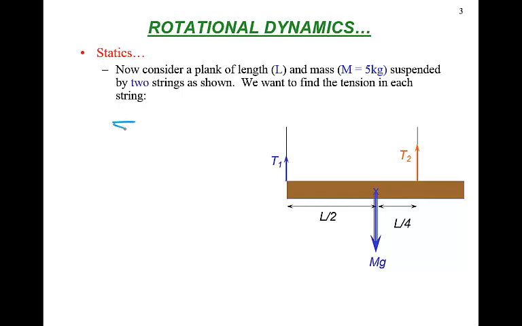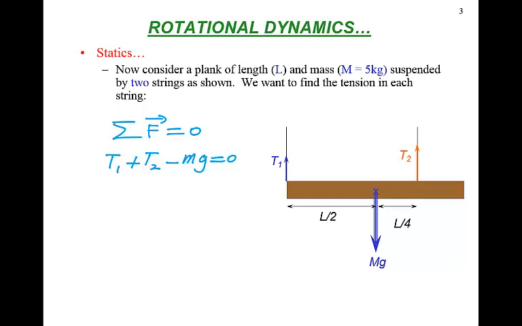The sum of the forces acting on a given object in static equilibrium equals 0. There are two tensions, T1 and T2, acting straight up, and mg is acting straight down. To solve for T1 and T2 using just this equation is impossible. Two unknowns, one equation. So what do we need to do?